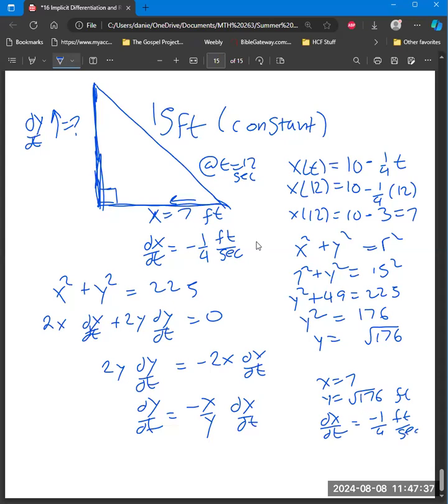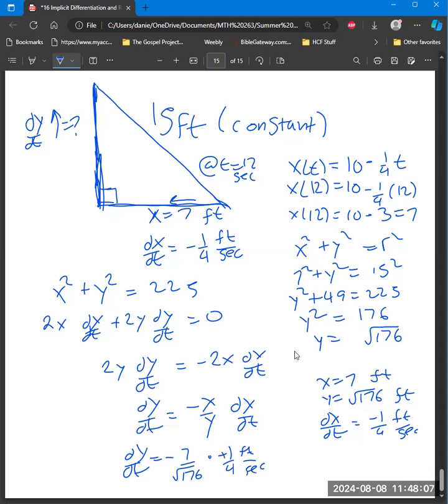These are measured in feet. So that means that dy/dt is going to be, and feet over feet will cancel, negative 7 over root 176 times a negative 1/4. And this is in feet per second.